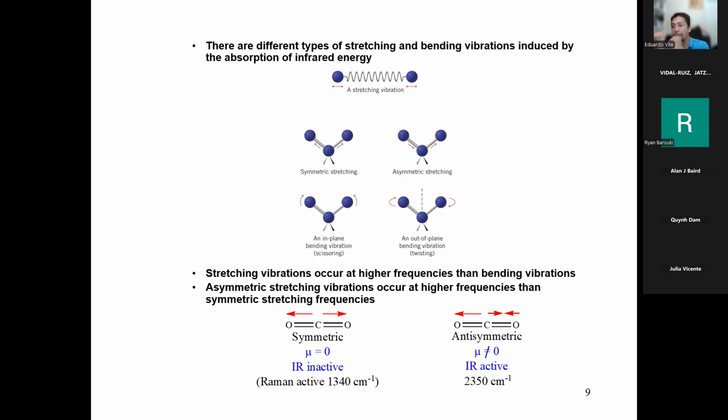So that asymmetric stretch in carbon dioxide, you will see that in IR. So you can have a molecule that doesn't show up at all, you can have a molecule where only some of the stretches are going to show up, or you can have a molecule where all of the stretches are going to show up. It really depends on the structure, on the symmetry. You got to consider all these factors.